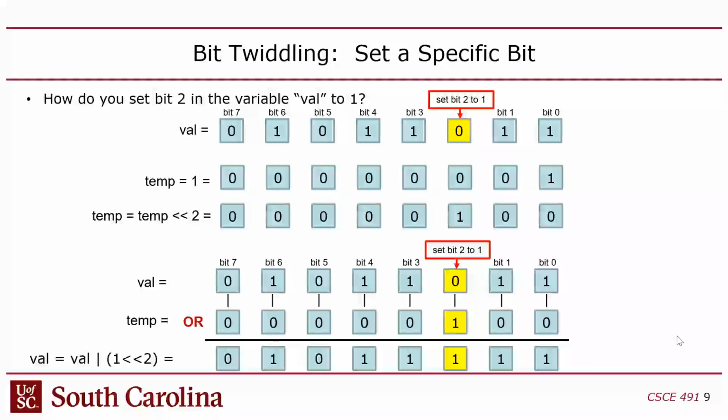And remember, like in RISC-V instructions, this would be like an OR instruction, or MIPS, right? And then when you do that, all the bits that were 1 in the val would be ORed against 0 in all the bit positions except for 2, right? So all of the original bits will be retained because you're ORing with 0, except for bit 2, which is being ORed with 1, so you're forcing that to be 1.